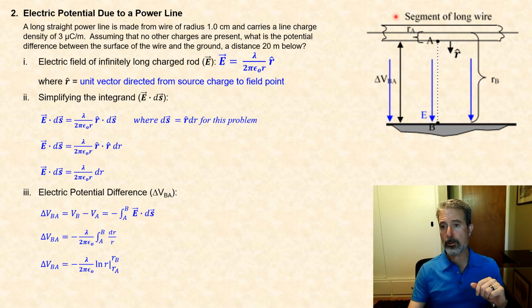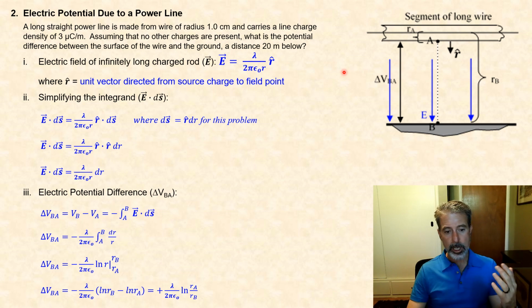So notice in the picture that if we say the center of the wire is the origin of the coordinate system, of this coordinate r, then r sub a, which is given to us in the problem, is 1 centimeter, or 0.01 meters. r sub b, the ground, is 20 meters below, assuming it's 20 meters below the center of the wire.